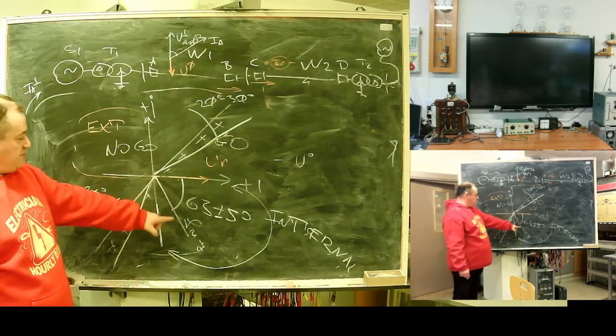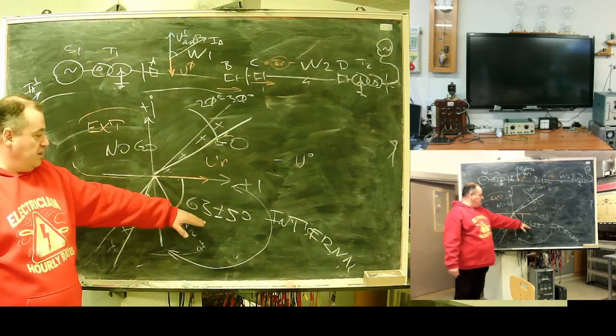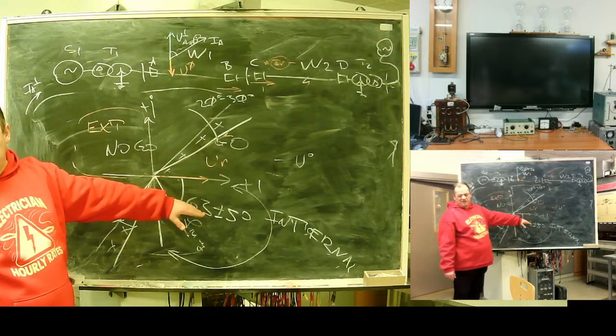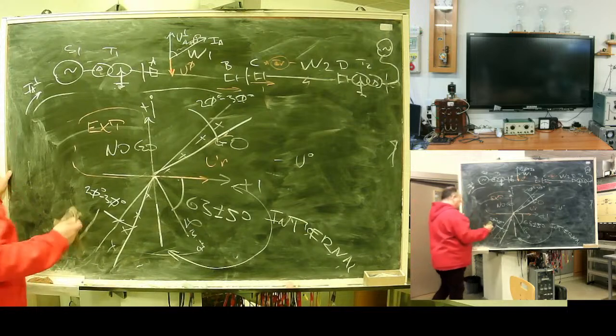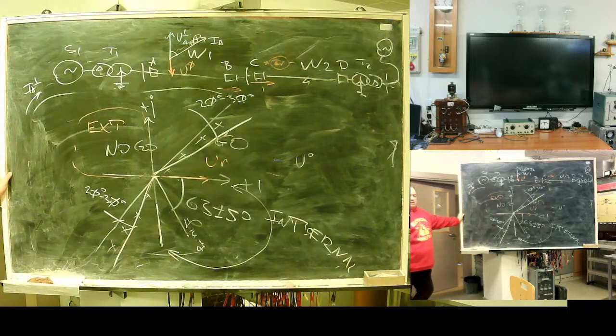Maximum sensitivity angle 63, 65. Old standard 63 plus minus 5. It's for 110 kilovolts network. Not usable for distribution network.